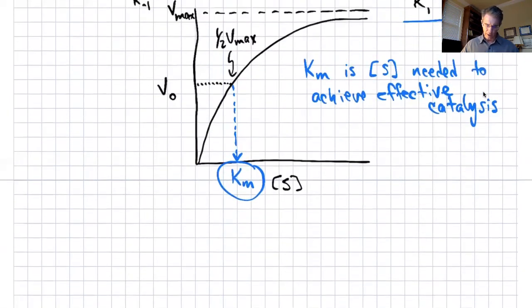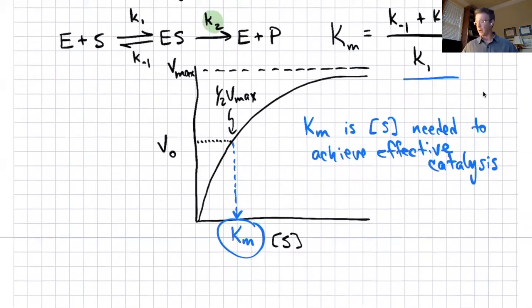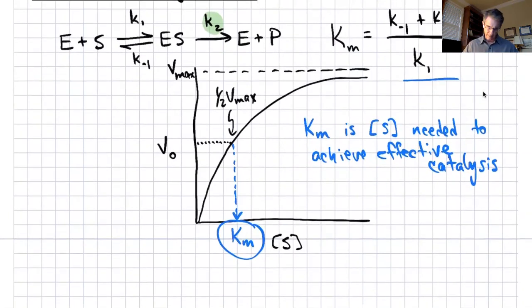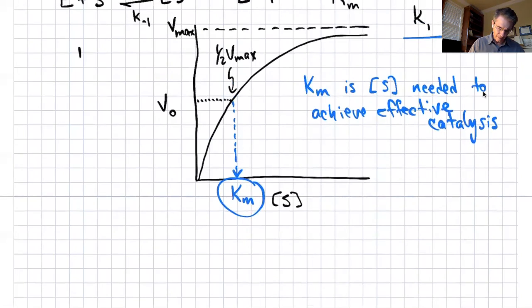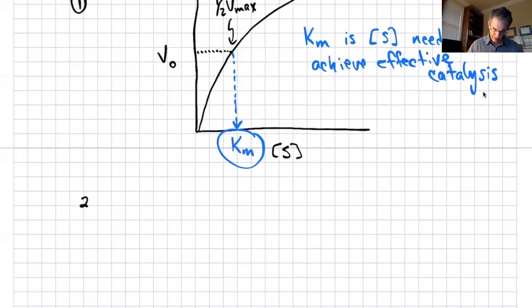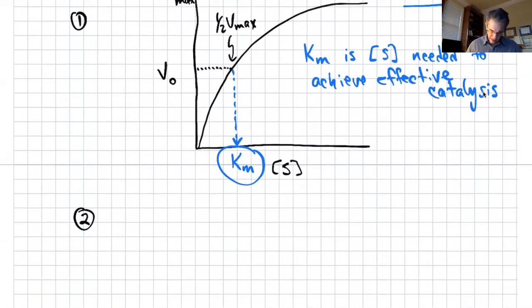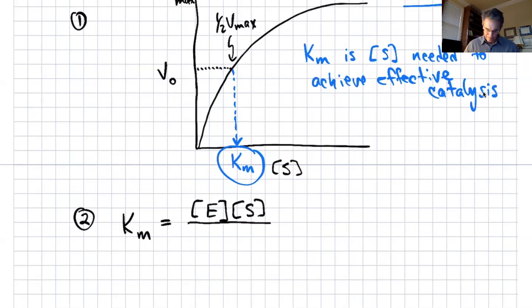Okay, now there's one other way to think about Km, another sort of definitional way. If this is one way, there's another way to think about it that becomes important for something later. You can think about Km as an effective dissociation constant, even for these more complex mechanisms, if you consider it to be the equilibrium constant between free enzyme and substrate and all bound forms of the enzyme.